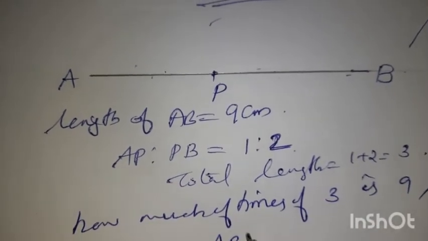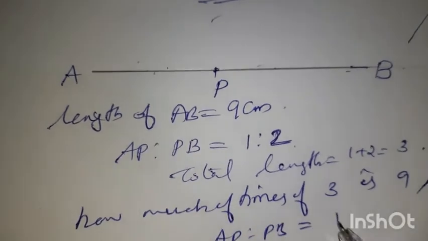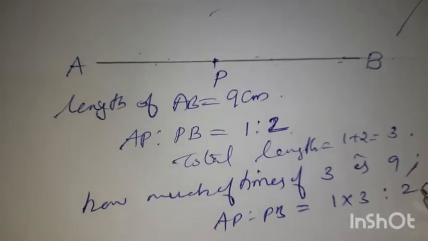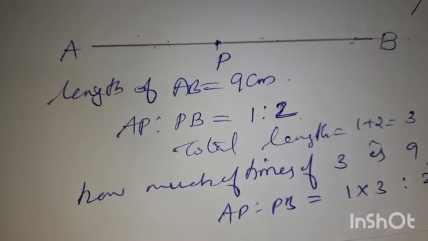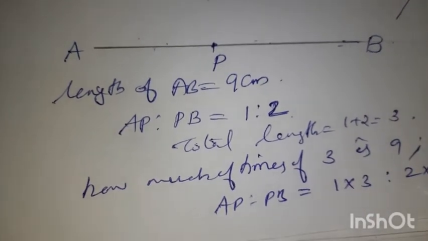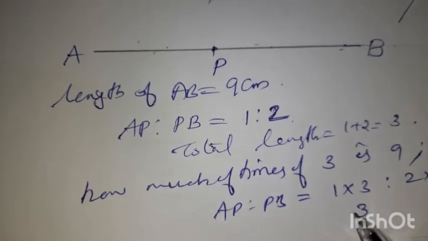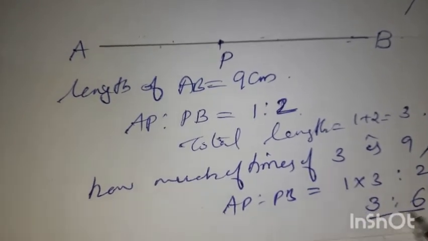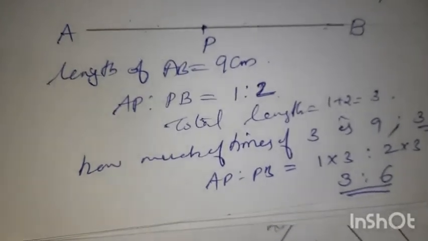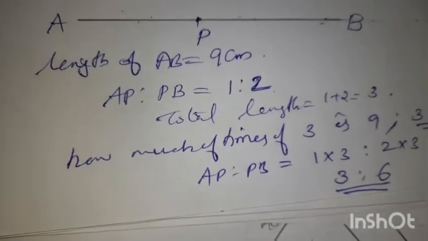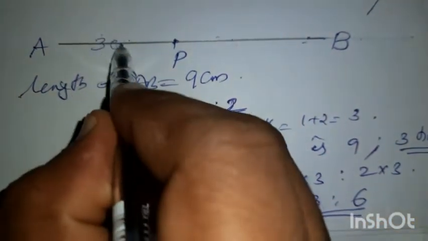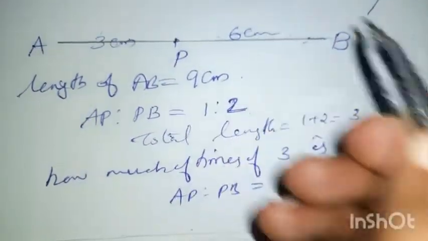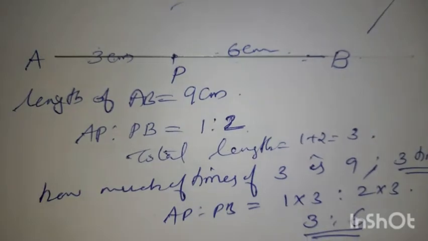So AP is to PB is equal to 1 into 3 is to 2 into 3. So 1 into 3 is 3 and 2 into 3 is 6. So you are getting a ratio of 3 is to 6. So this is 3 centimeters and this is 6 centimeters. Total it is 9 centimeters.